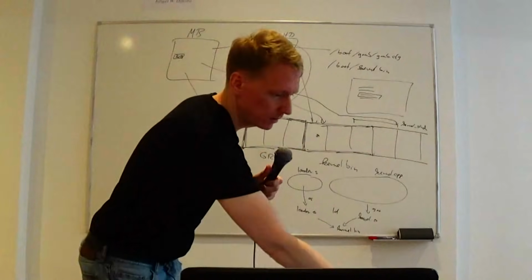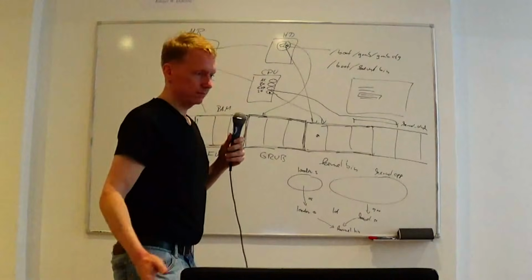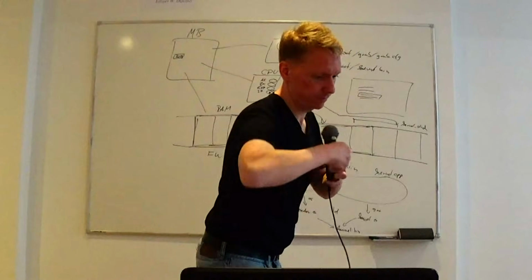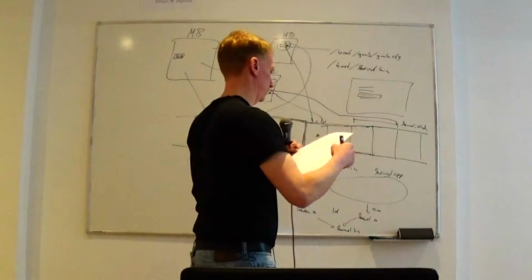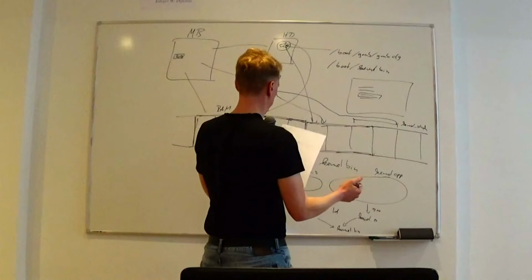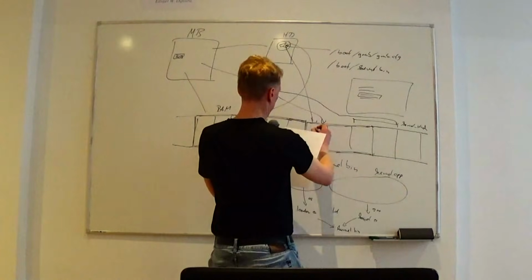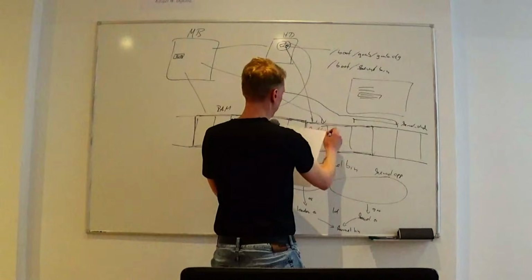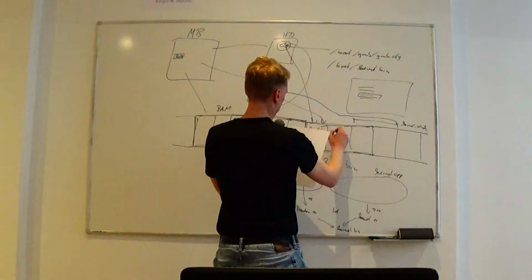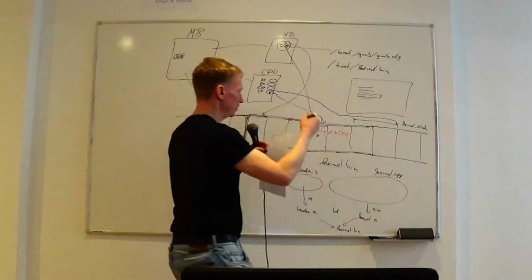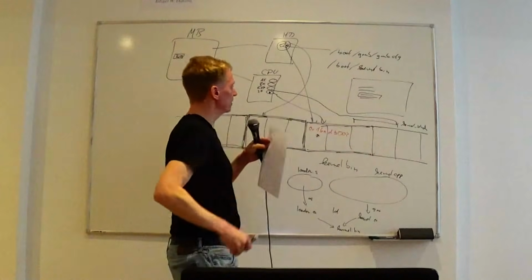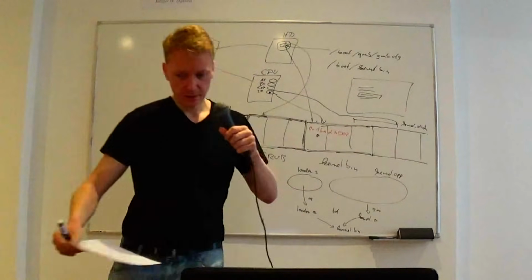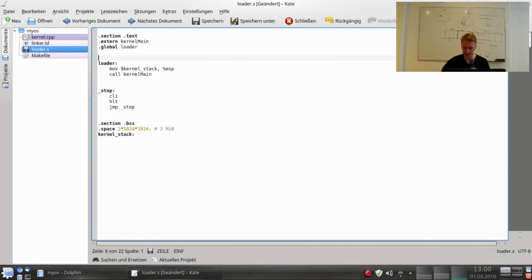This magic number is the hexadecimal number 0x1BADB002. So we need to put that into this file so that the bootloader will accept it as a kernel.